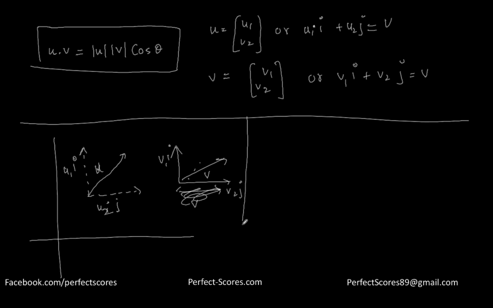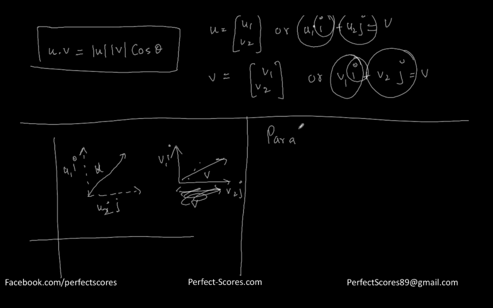Now what I can do is multiply this and this, the dot product of this and this. Why is that? Because they are parallel to each other, and when vectors are parallel, the angle between them is 0 degrees, and cos 0 is equal to 1.